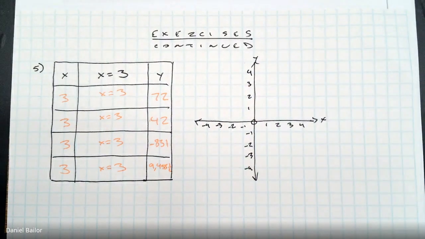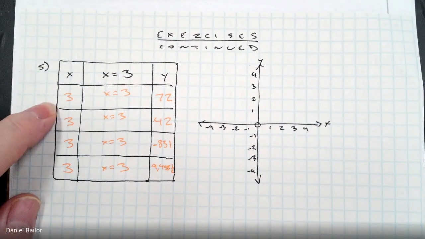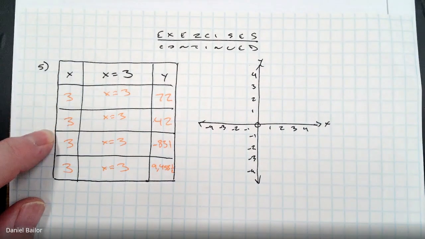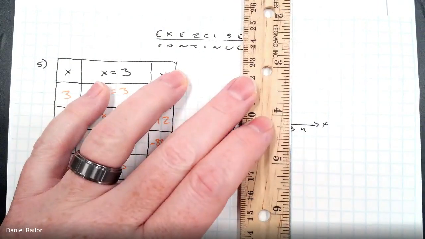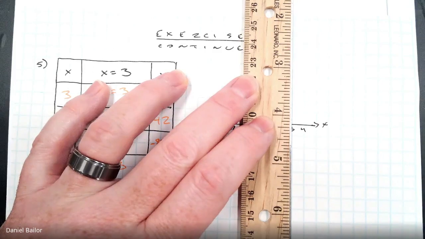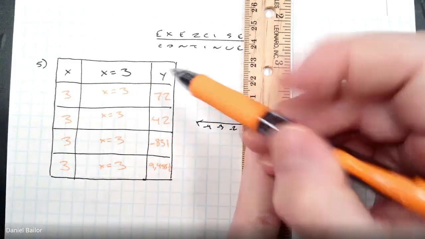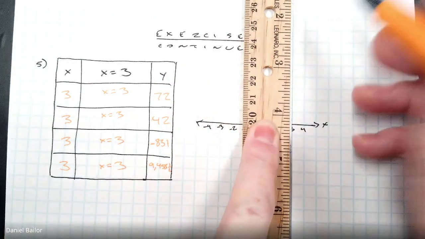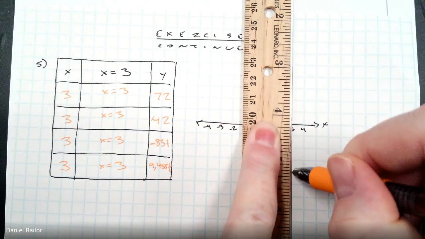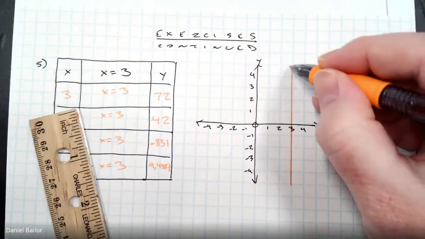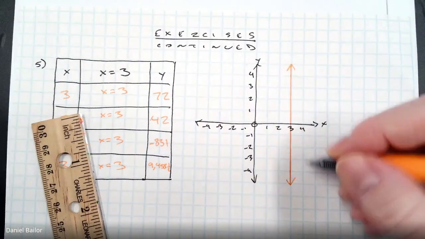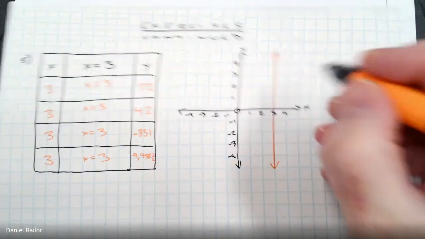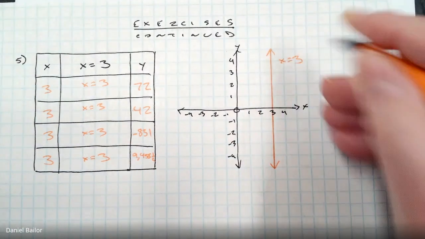Whatever we do, x is always going to be 3. So the line here, I don't even need to write my coordinates because I know there's no y, so it's vertical, and it's always x equals 3.